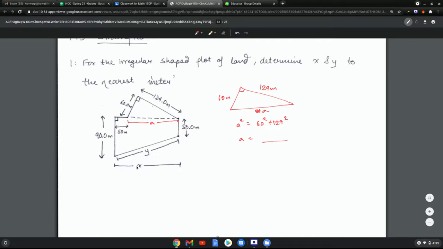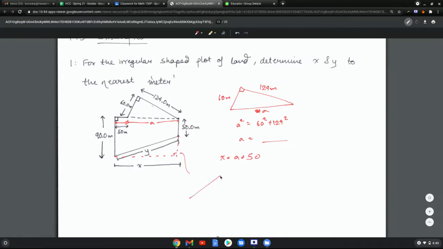Now first observation here is if you look, then X is nothing but A plus 50, right? Because X is this entire horizontal length, and you're given this part is 50, so 50 plus A would give you X.